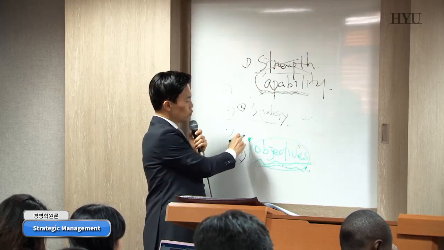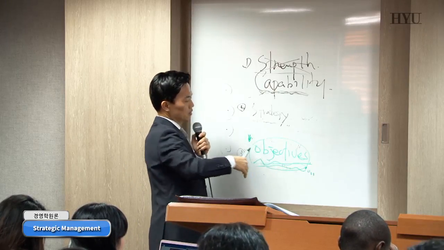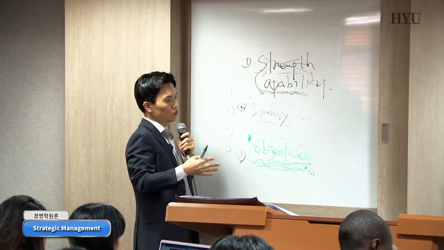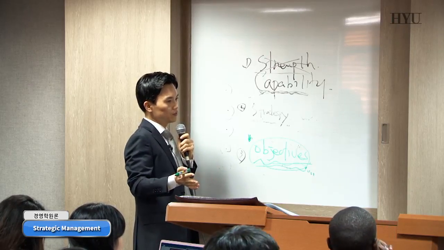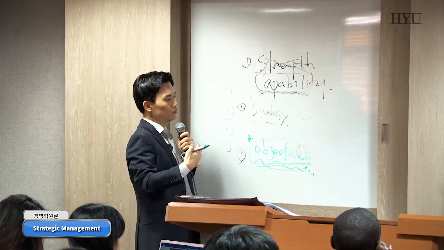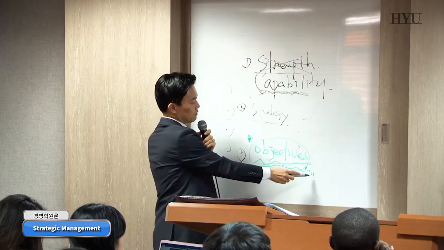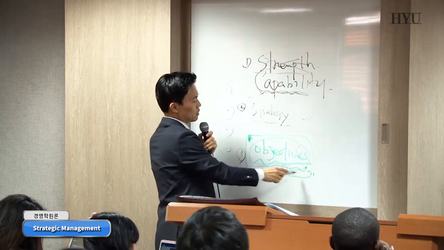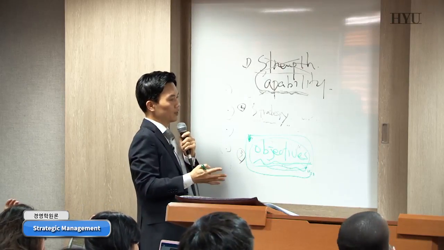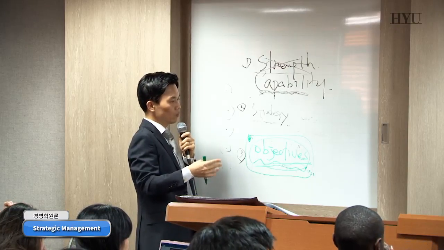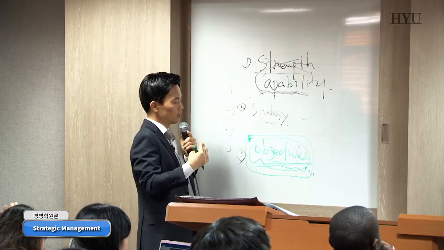So depending on which objective you put as your priority, your actions are quite different, right? Say if your company's objective is having more market share, bigger size, more revenue, then the way to do it is quite different from the way for you to make a profit.